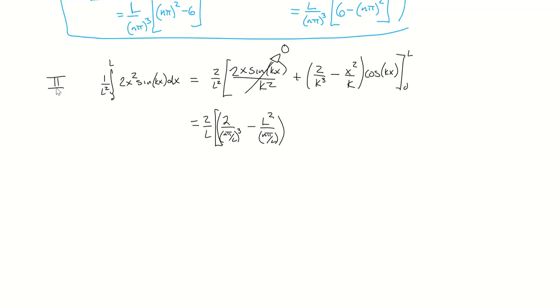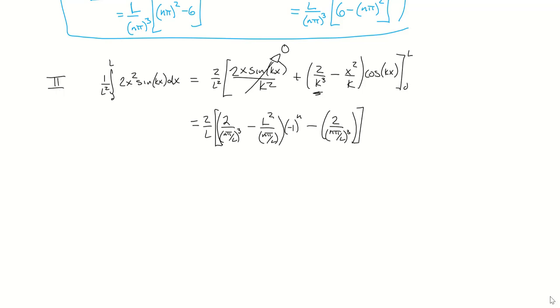And that cosine term, again, is just that (-1)^n when it's evaluated at L. This 0 limit doesn't actually disappear because this term here doesn't have that x in it. So we end up still having this 2 over (n pi over L) cubed term here. Cosine of 0 is 1, so that just stays like that.